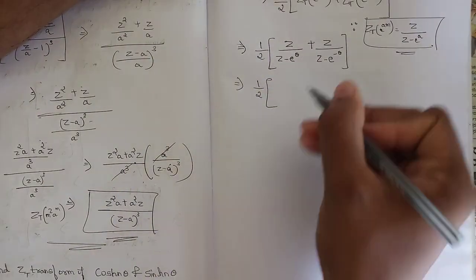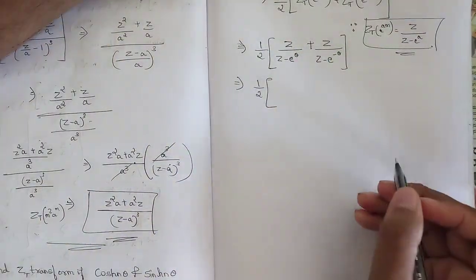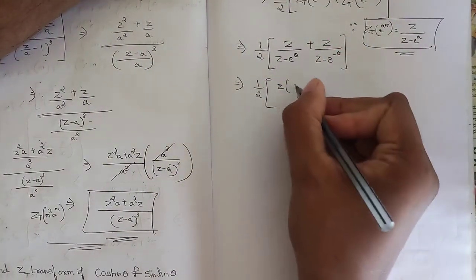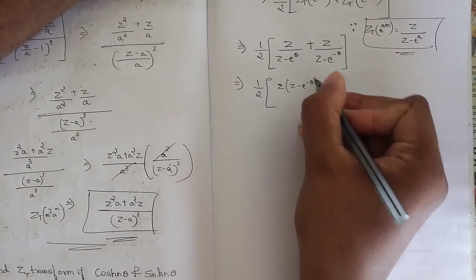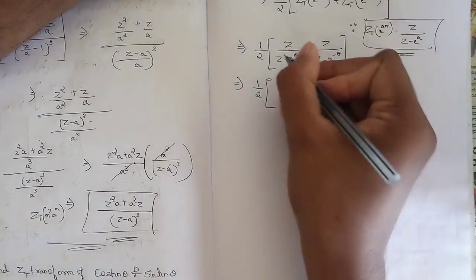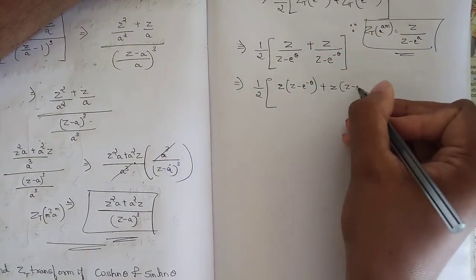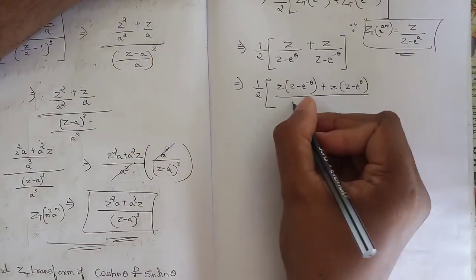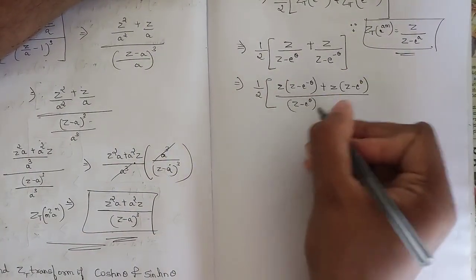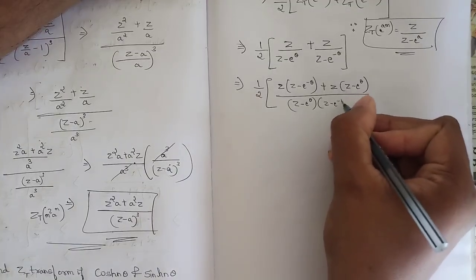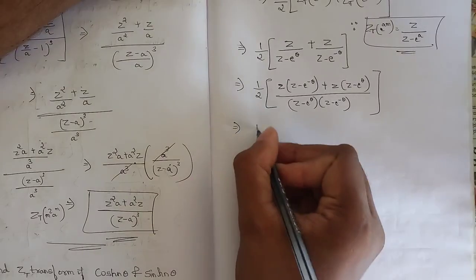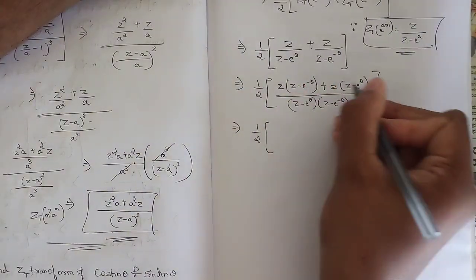So now just cross multiply and take the LCM. That is, we need to cross multiply, minus e power minus theta plus z into e power theta divided by, we need to multiply these two. So again now multiply these two terms.